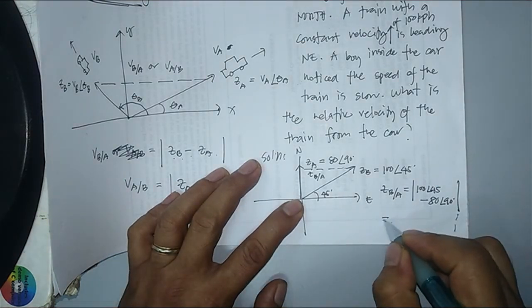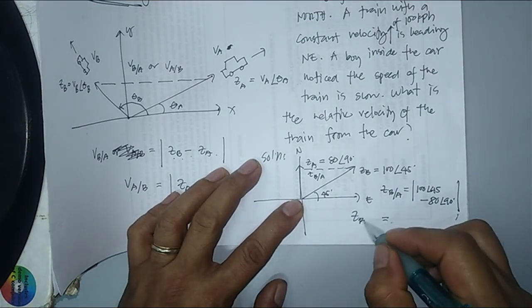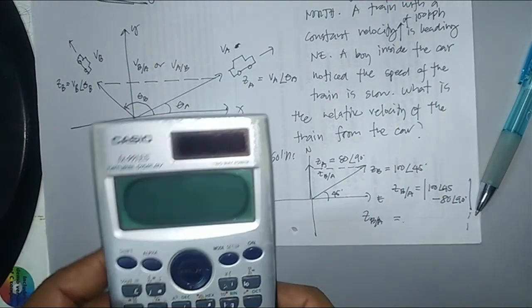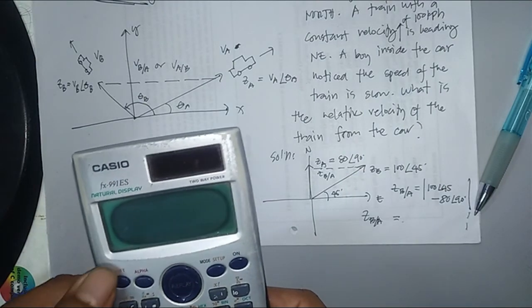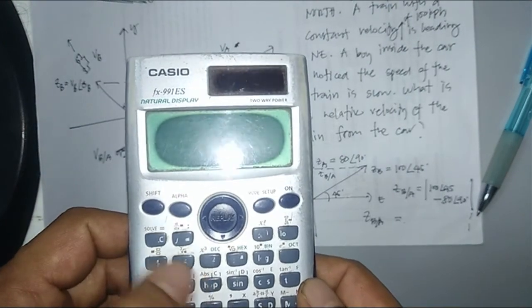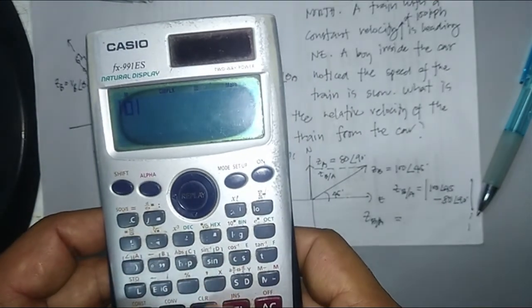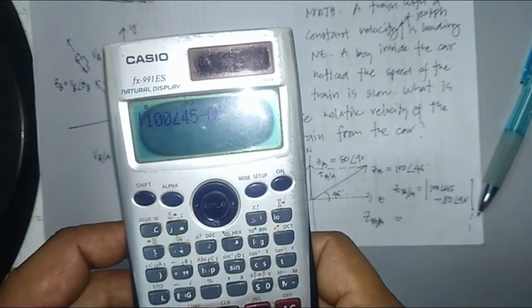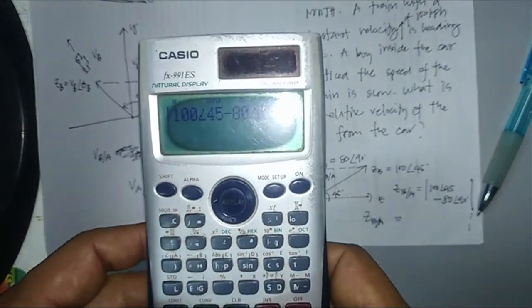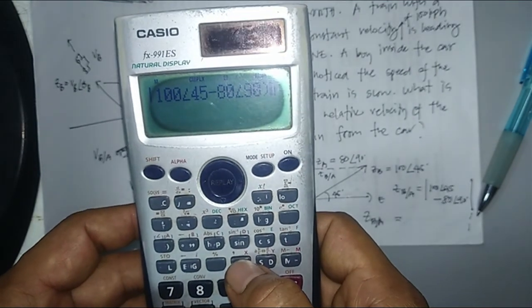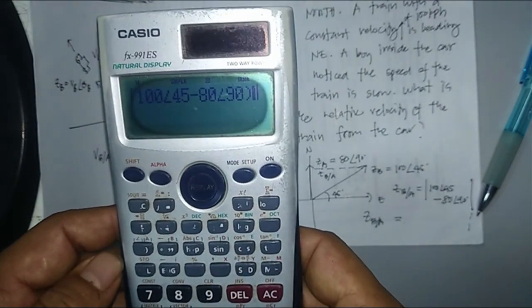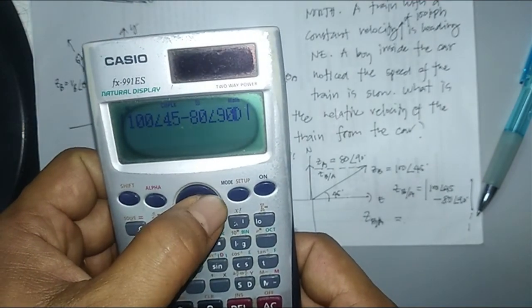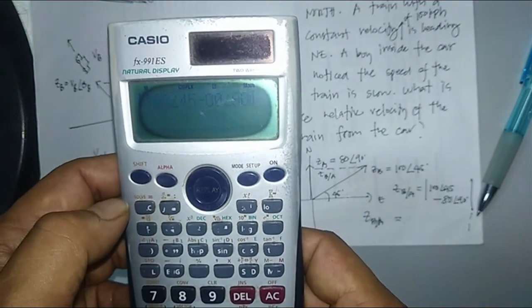Now I want you to solve that in your calculator. We'll try to solve this in my calculator also. I have here the absolute value of 100 angle of 45 minus 80 angle of 90 degrees. Did I type it right? Oh yes. Now press enter. Oh, error because of this sign.